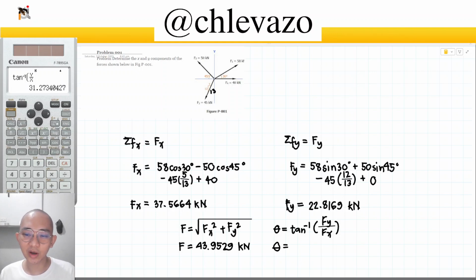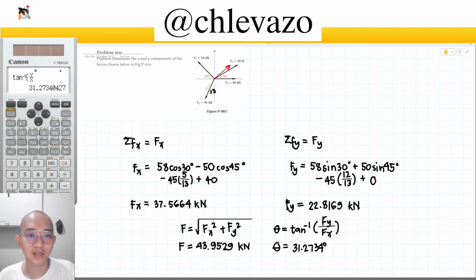The answer is 31.2734. So, basically, the resultant is maangat lang ng konti dun sa 58 and the value is 43. So, ito yung net effect natin, resultant.